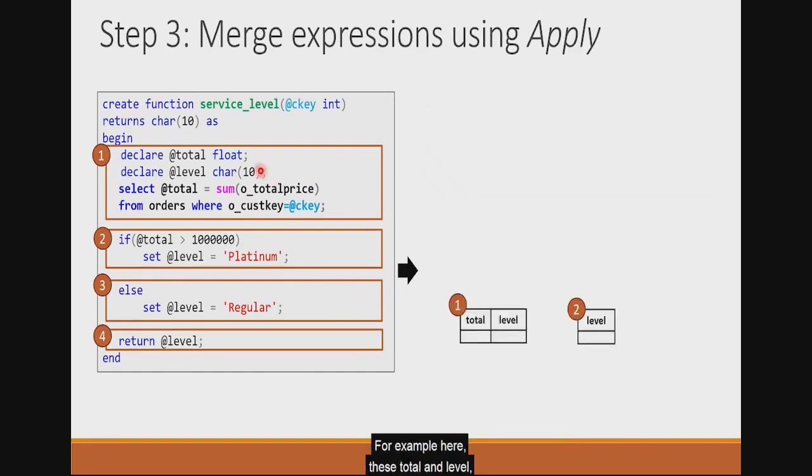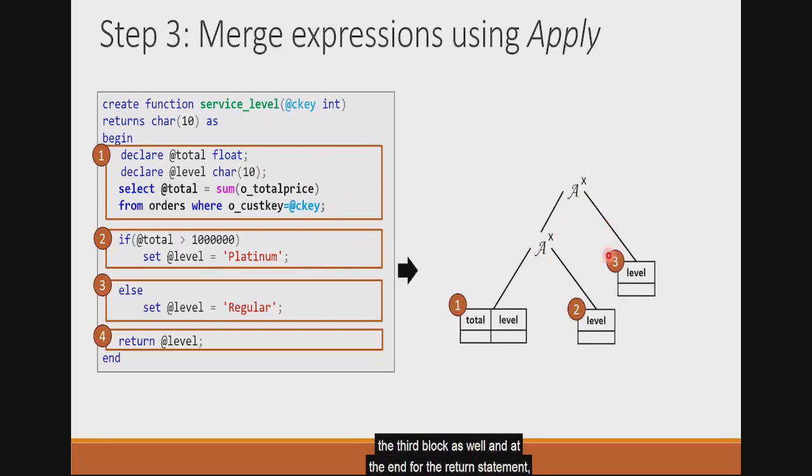For example, here, this relation corresponds to block 1, and this corresponds to block 2. The columns here represent the variables that are assigned in this particular region. So all we do is we combine these two using an apply operator like this, similar to a join. And similarly, we combine the third block as well.